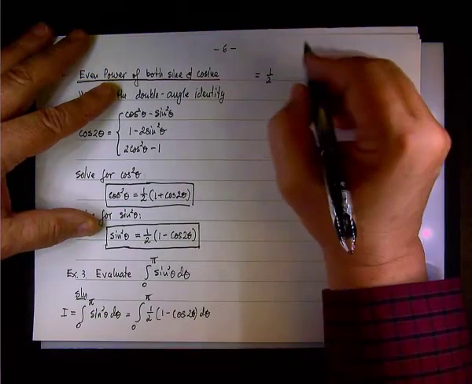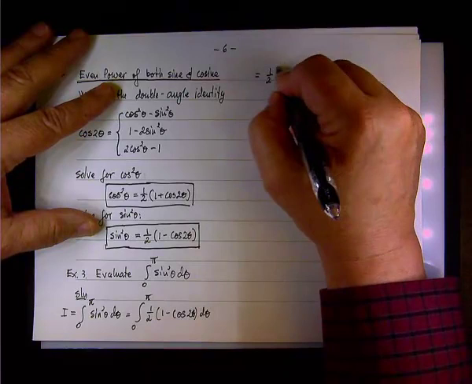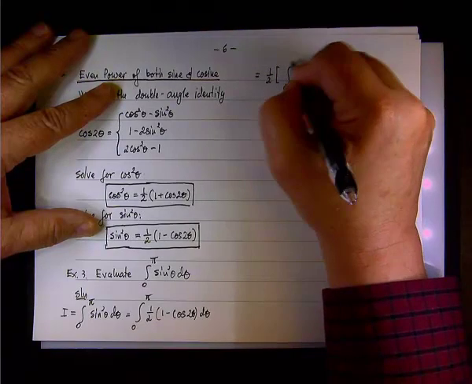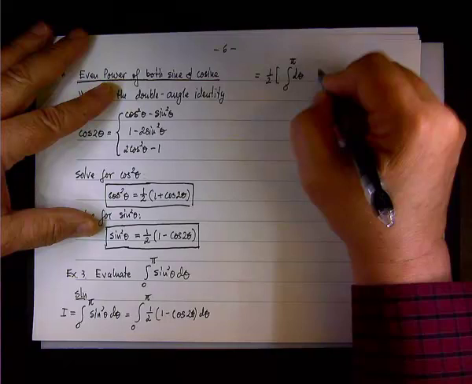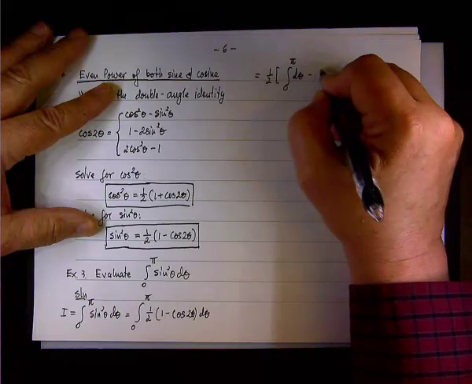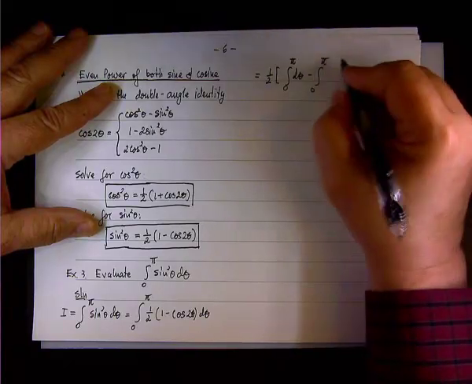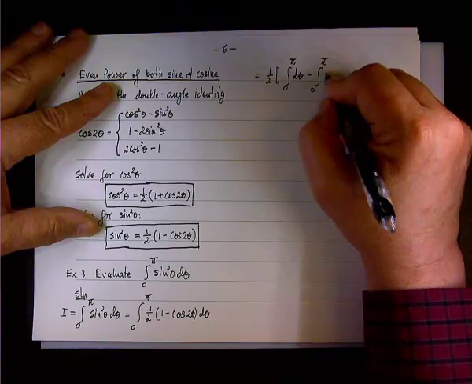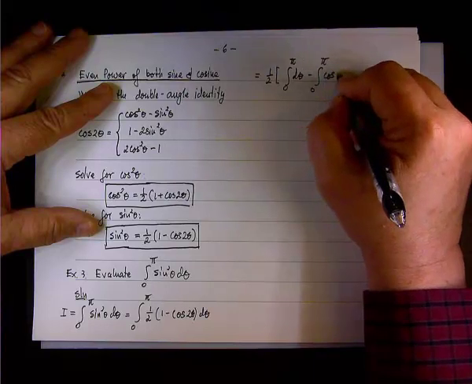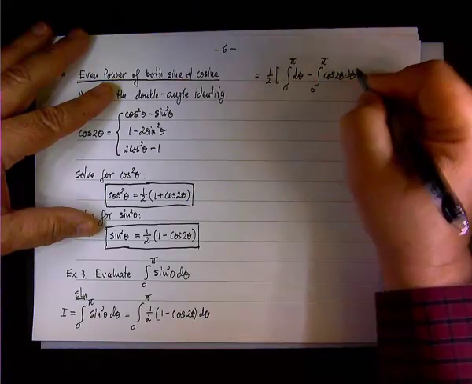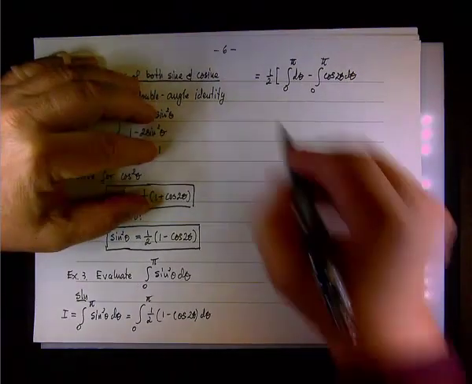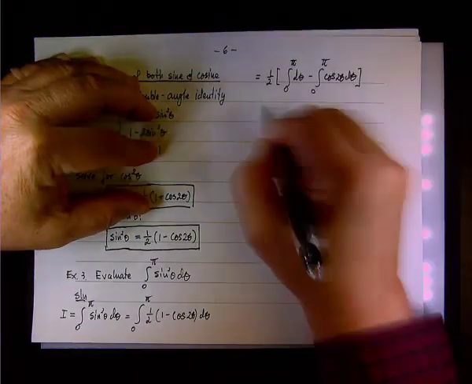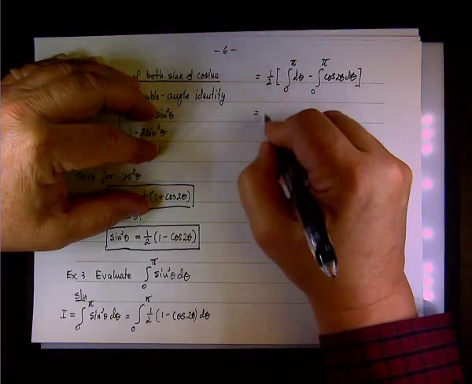Break it down into 2 halves. 1 half is a common factor, so we have the integral from 0 to pi d theta minus the integral from 0 to pi of cosine 2 theta d theta.